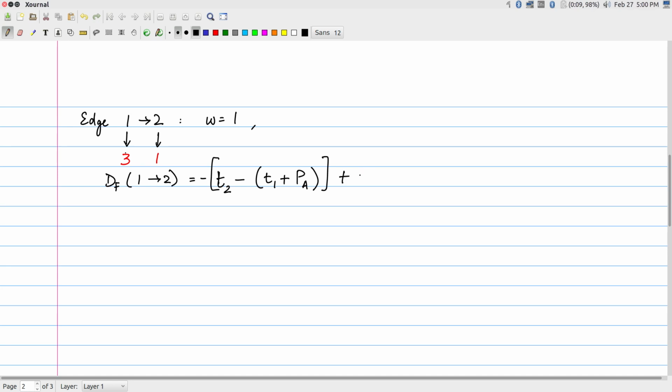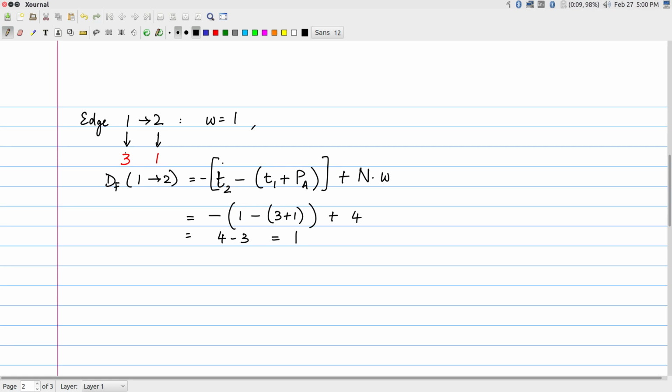This plus N into W. So it is equal to 1 minus 3 plus 1, plus 4, or 4 minus 3 equal to 1. I wrote it out in this fashion so that it becomes clear how I arrived at it.